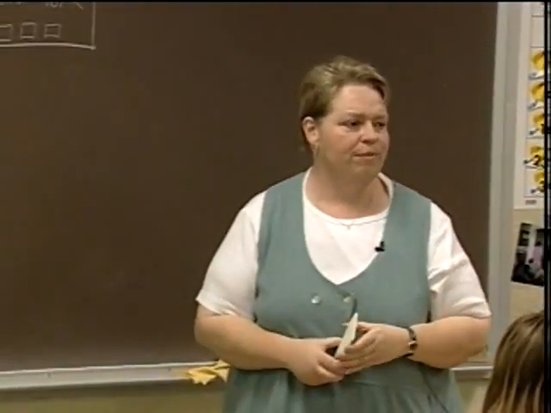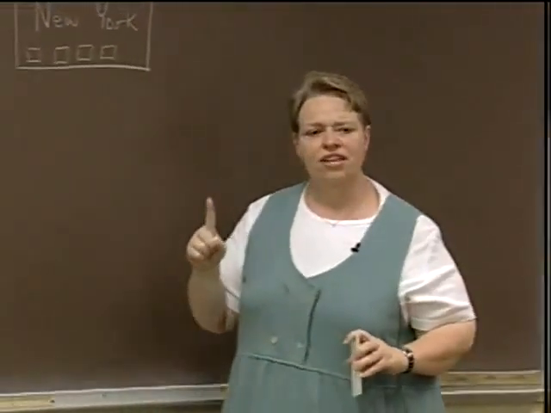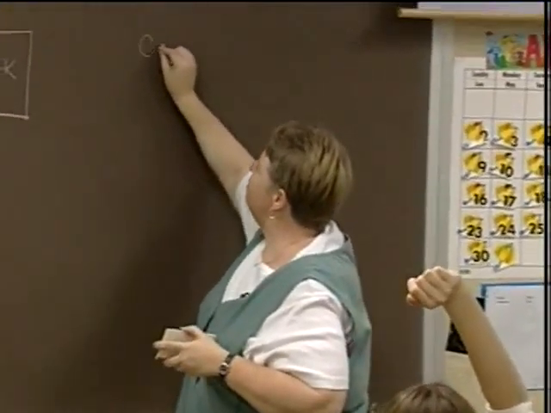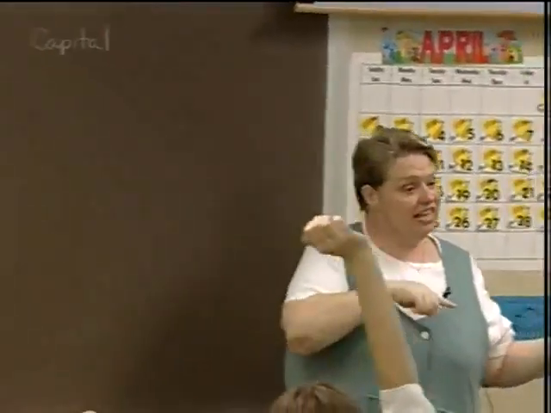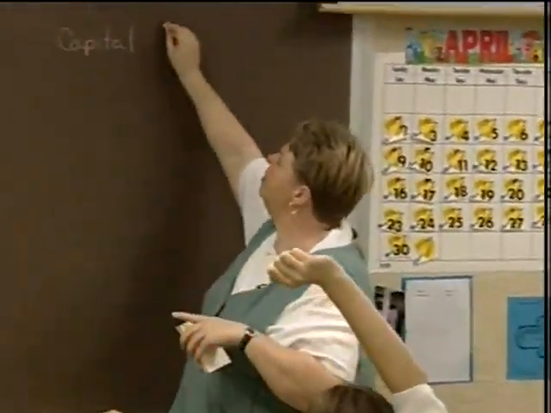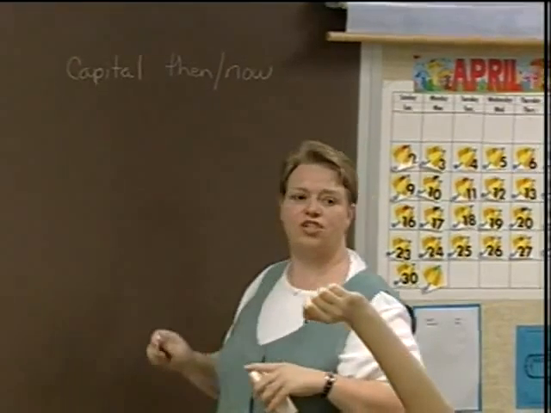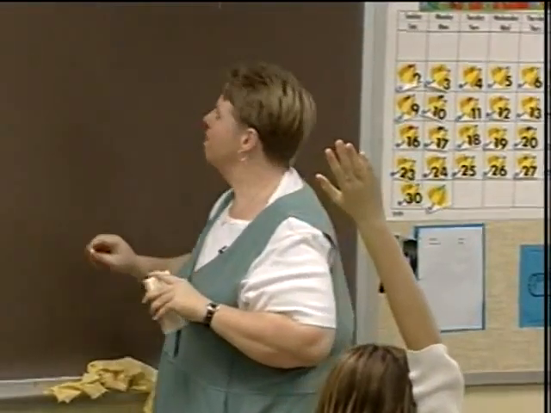The students generate a list of basic facts about each colony that should be part of their research project. What things do you think need to be in a report? Facts. Okay, what kind of facts? Capital. Okay, capital of the colony then, and maybe now. Okay, then if it changed. Some of them did change. Kyle? And how it got its nickname.